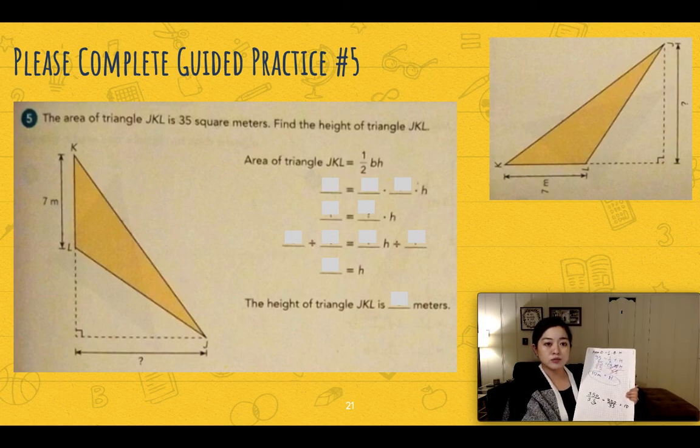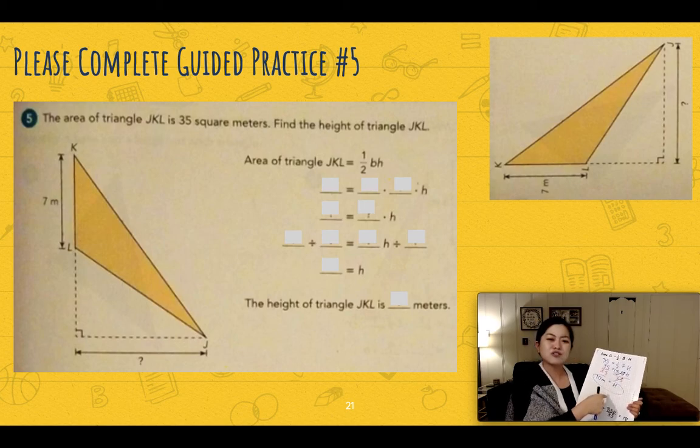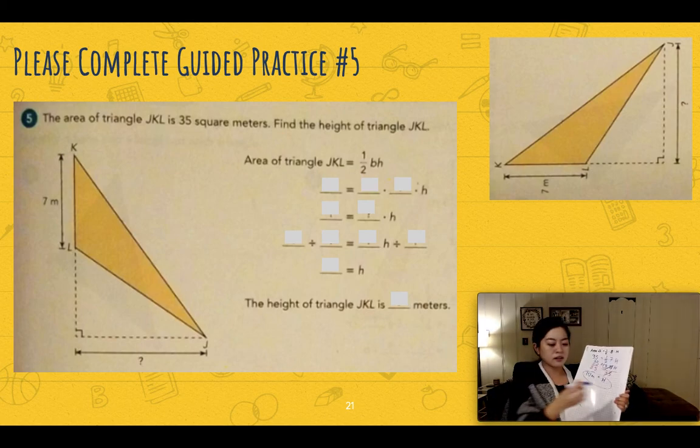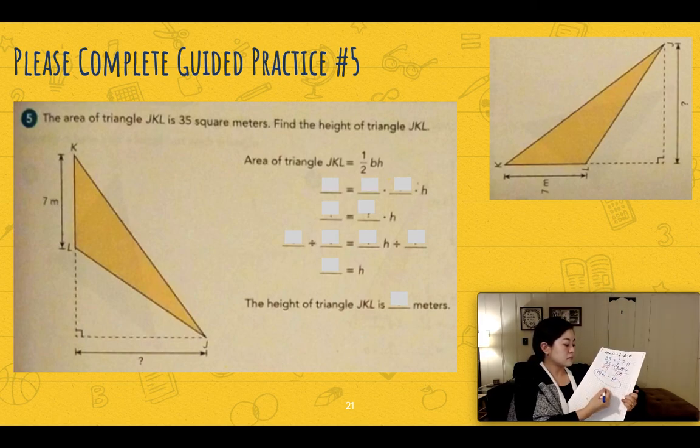And of course, what you could do is input this back into your equation to see if this is right or not. Let's double check. I know my area has to be 35 square meters. So does 35 equal 1/2 times my base, 7, times 10?